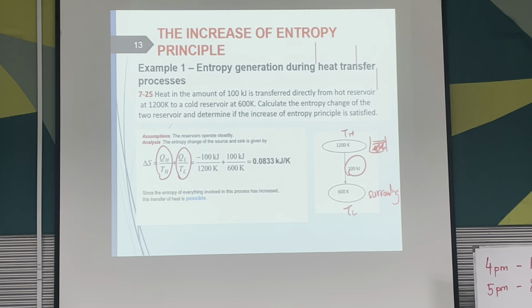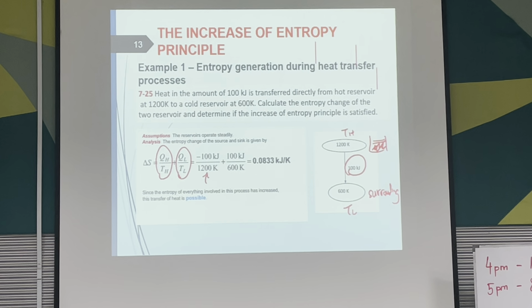So you can see that from the high temperature reservoir side, we say negative 100 because it is rejecting heat. And the temperature at the high temperature reservoir is 1200 Kelvin. While at the low temperature reservoir side, or the cold reservoir side, it is gaining 100 kilojoule.